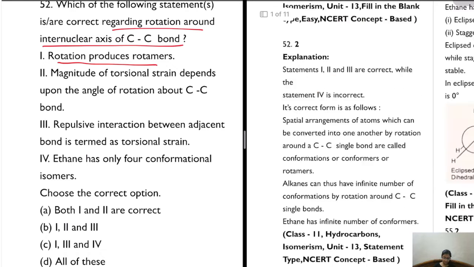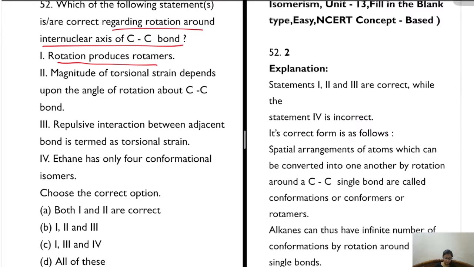Let's see first what torsional angle or torsional strain is. If I have a molecule, the angle between any two of the bonds we take will be the torsional angle, the dihedral angle. We draw the Newman projection of this. We take the front carbon here and the bonds are taken like this.